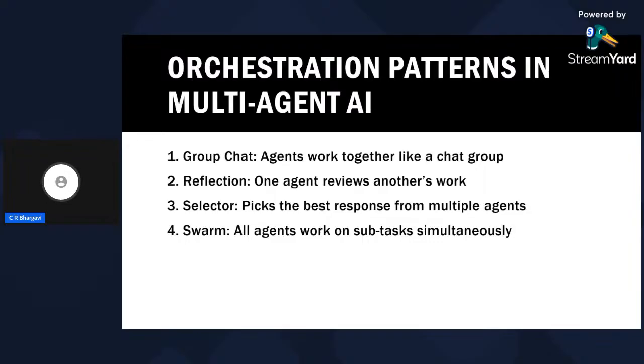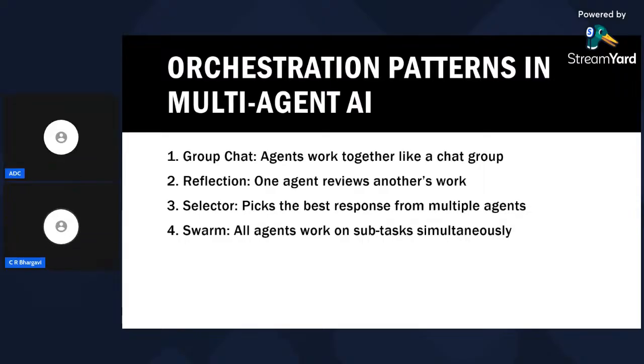Selector is something where it picks the best response that it has, so the selector plays a major role over there. And you have swarm. Swarm is one of the important things, I would say. When all the agents work on subtasks simultaneously, then that becomes swarm.